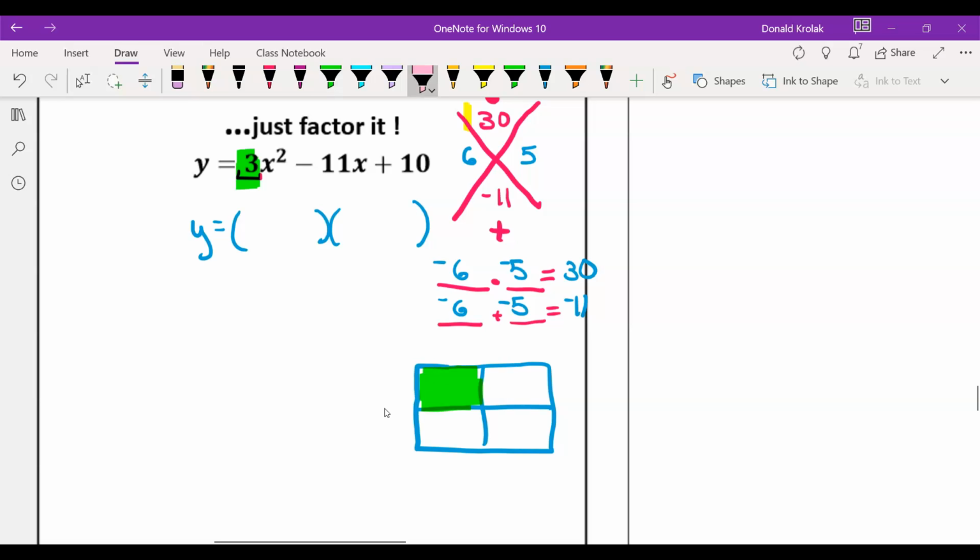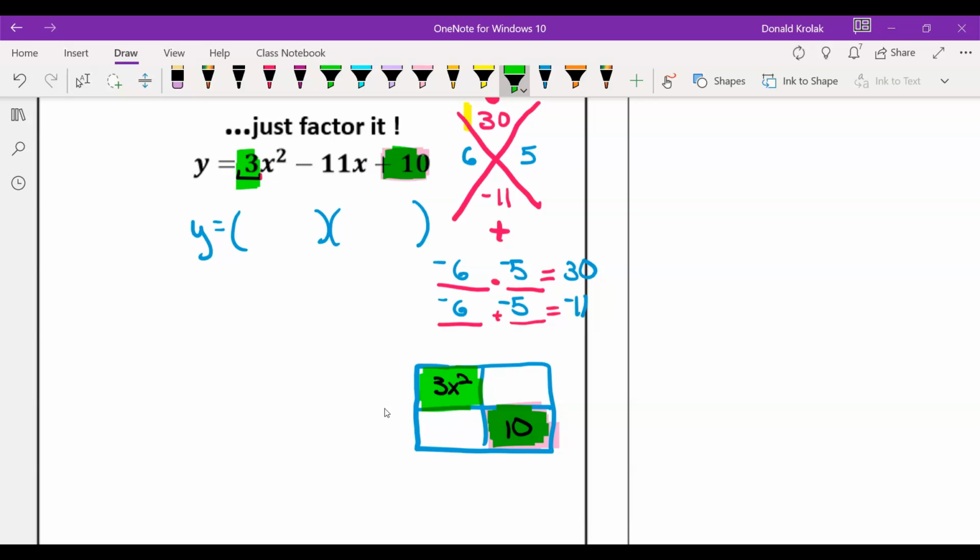The constant goes in the lower right. Over here, I'm going to write 3x squared. Down here, I'm going to write 10. So I guess I could have colored these. That's where the green ones go.